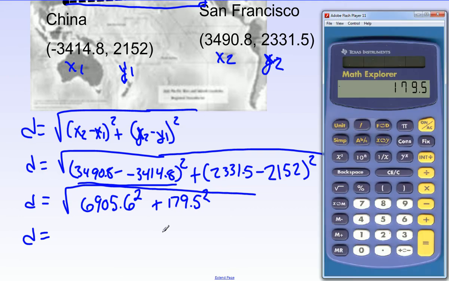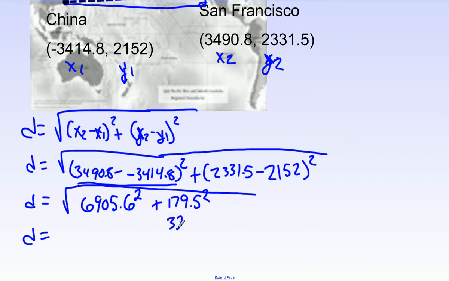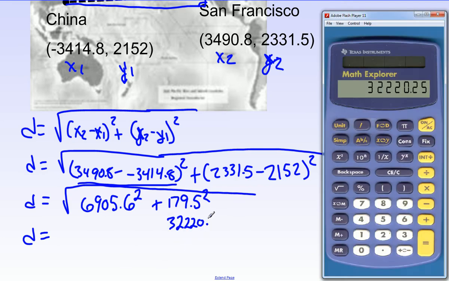So let's square them. This 179.5 squared is 32,220.25.